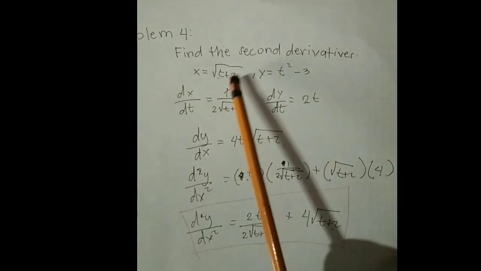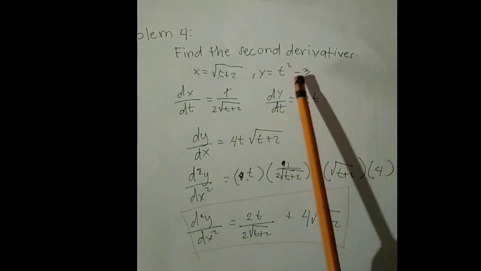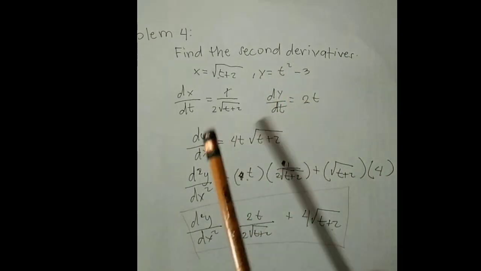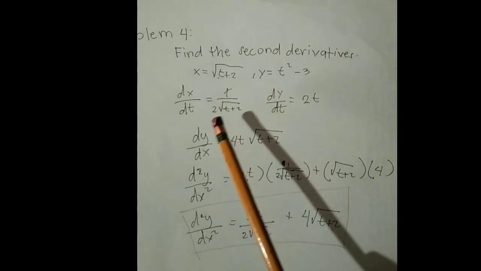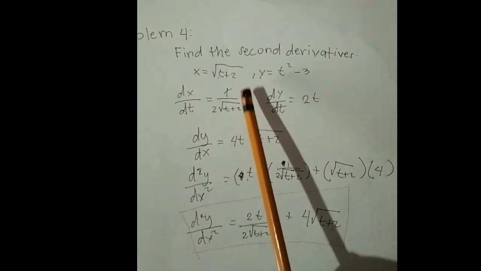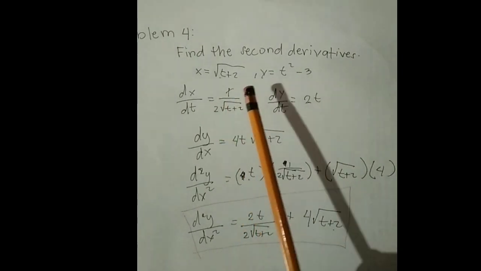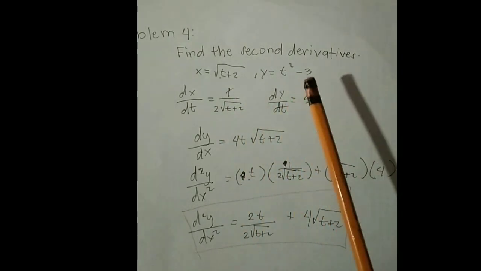The derivative of y is 2t. Then next, dy/dx. Cancel the 1, and then 2 times 2t is 4t, so our dy/dx is 4t square root of t plus 2.